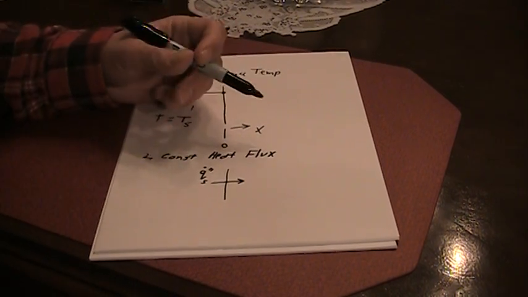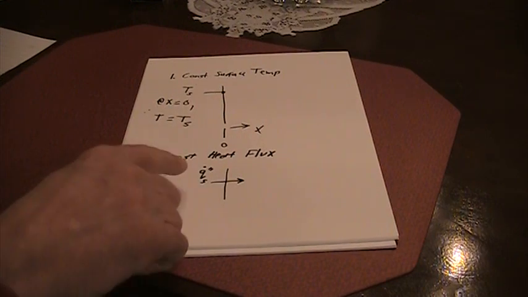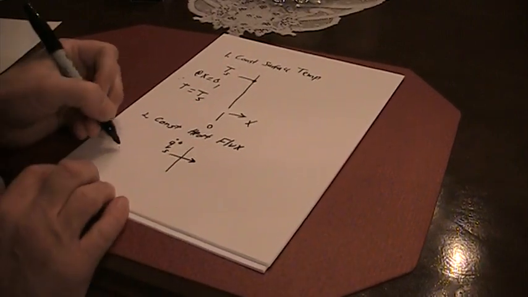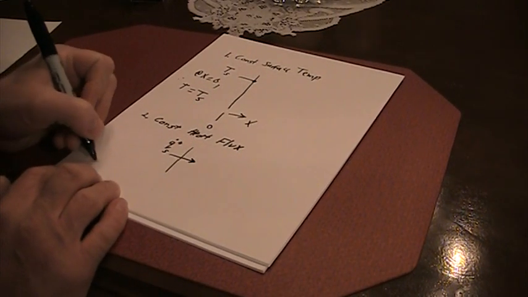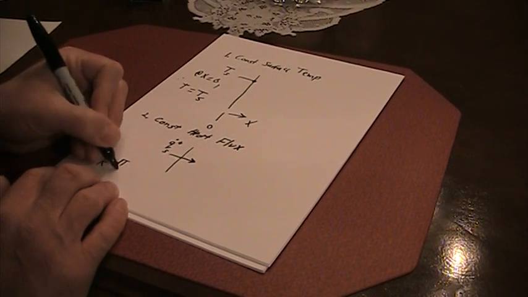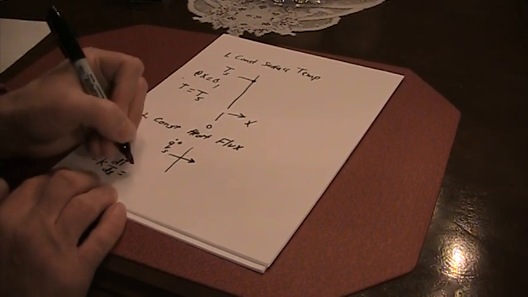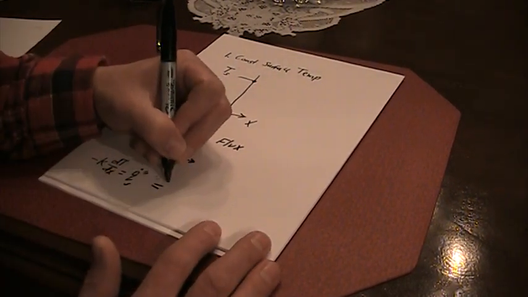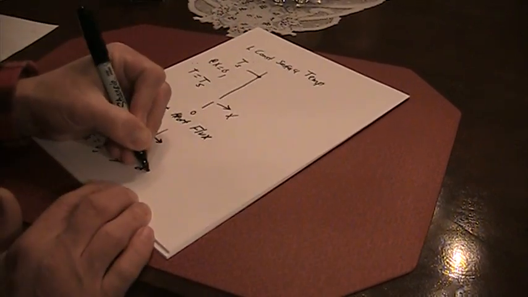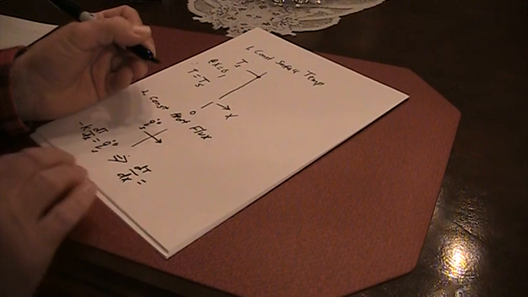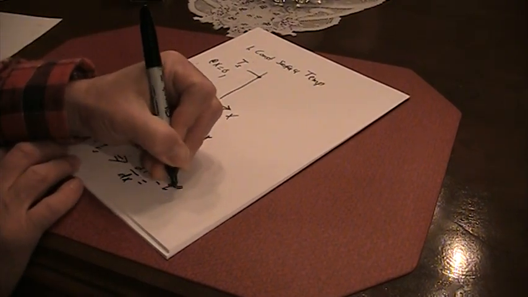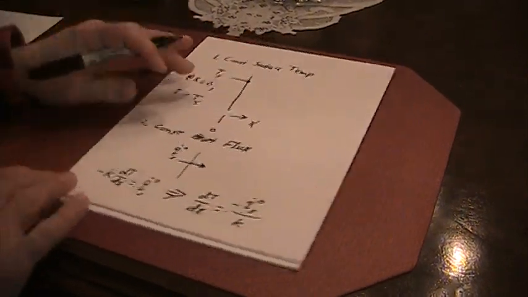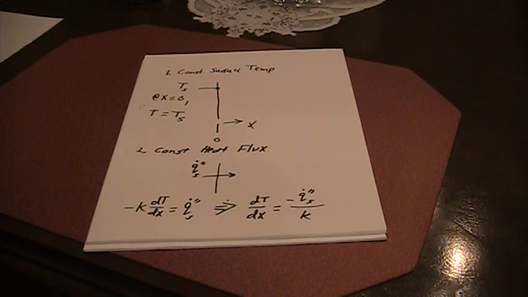Okay, so here we would have a constant heat flux, Q dot double prime S. So at X equals 0, what we'd have is minus K dT/dx is equal to Q dot double prime S. So if that's true, then dT/dx is equal to minus Q dot double prime S divided by K. So that would be a scenario where you have constant heat flux.